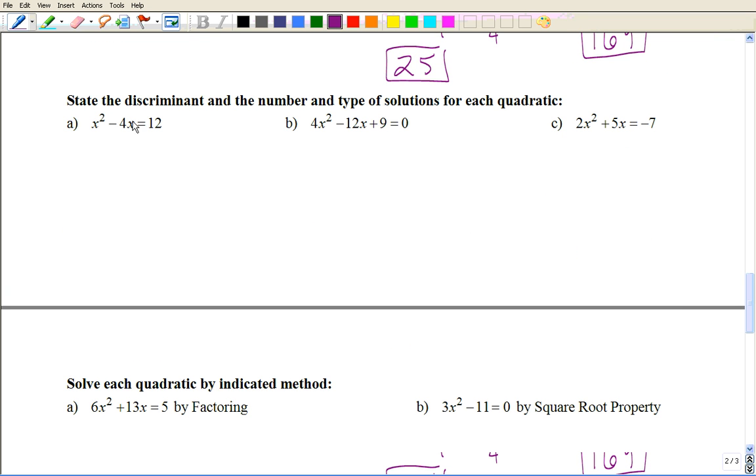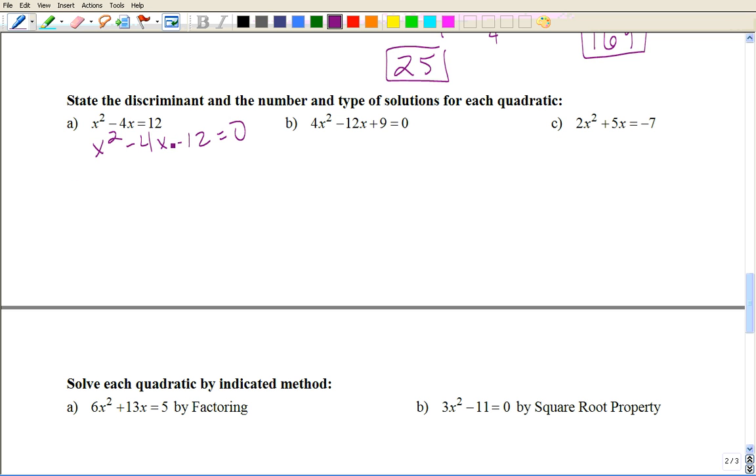Now we have: state the discriminant and the number and type of solutions for each. So for this part we're going to use the discriminant as well, which again is b squared minus 4ac. So if we have x squared minus 4x equals 12, I'm going to move this all over, so I have x squared minus 4x minus 12 equals 0.